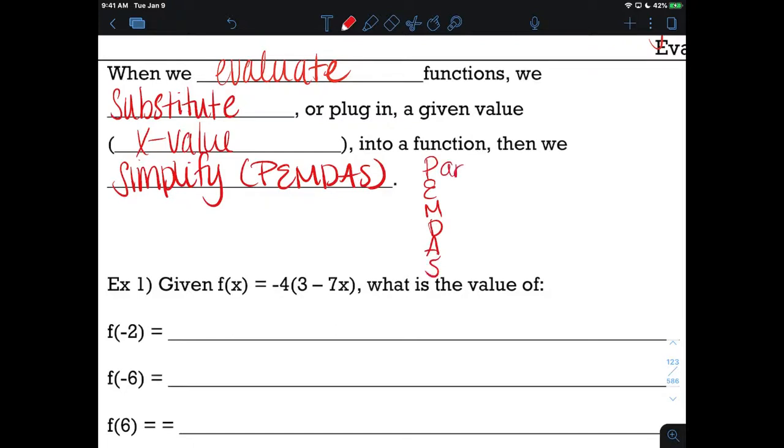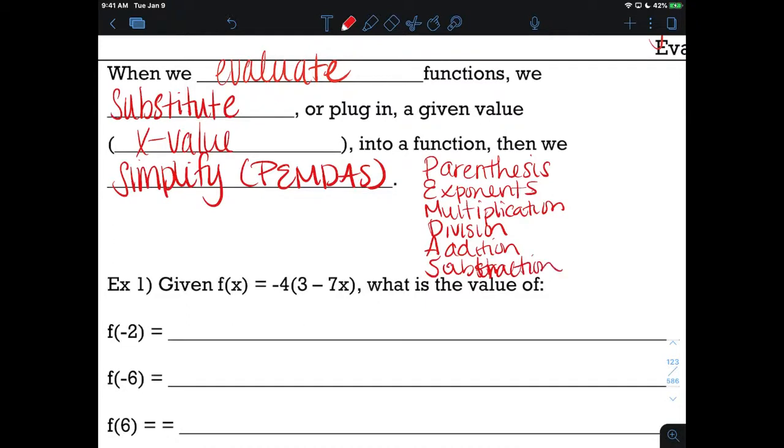So, this stands for parentheses, exponents, multiplication, division, addition, subtraction. And this is the order you always do it in. First I deal with my parentheses, then I deal with any exponents, multiplication, division, addition, subtraction. Every single time, okay?